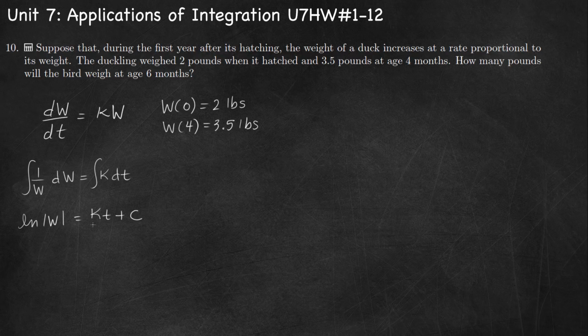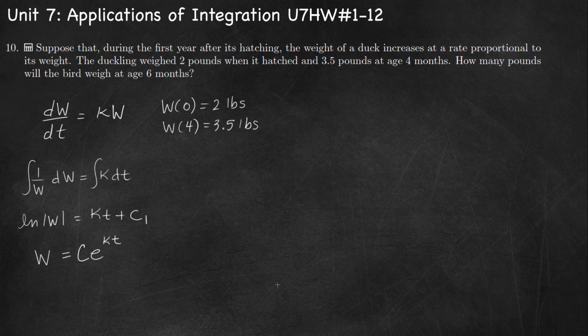Hopefully you've done this type of differential equation enough now to take a few shortcuts. We exponentiate both sides and we end up with absolute value of w, but we know that absolute value can be dropped because it's going to be absorbed into the constant term. On the right, we have e to the kt times e to the c, and e to the c just becomes a new constant.